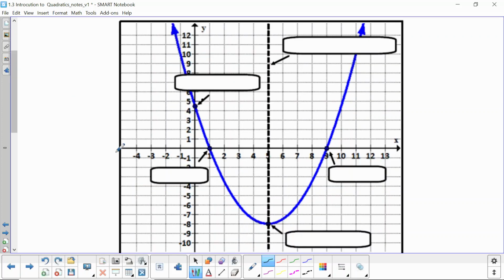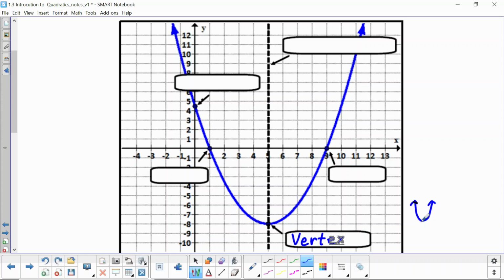The first one, the very important unique point, is the vertex. So we call this point the vertex. And the vertex is the highest or lowest point on your graph.